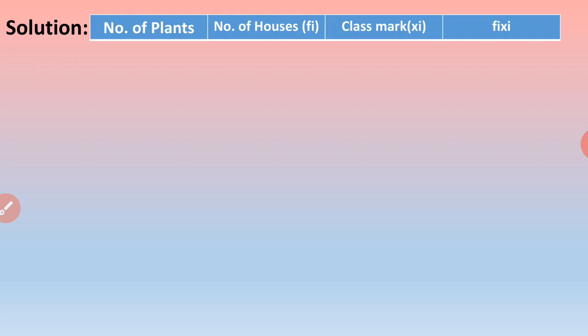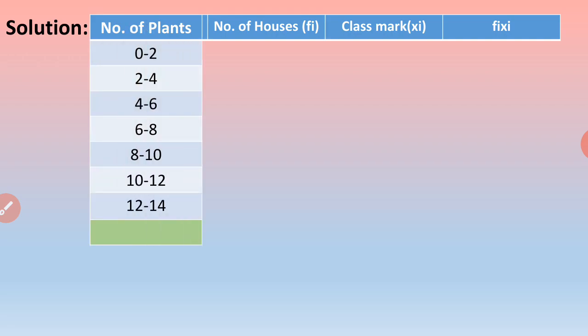Let us start with each column. This was your data that was given in the question. Number of plants are given in grouped frequency, 0 to 2, 2 to 4 and so on. So we have just noted them down vertically in the column. Next comes the number of houses.